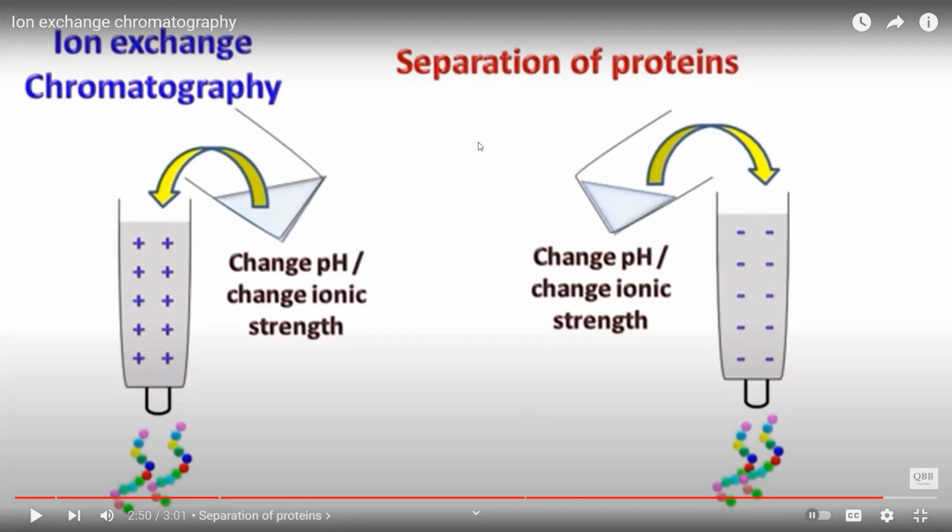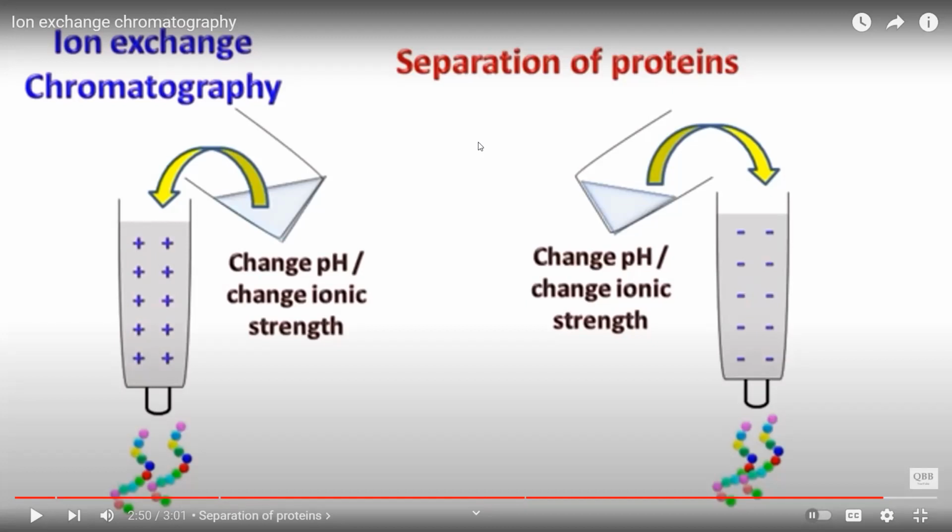While binding the protein to the stationary phase, you were using pH 7 buffer because that was the step of binding. But for elution now, you can change the pH, say from 7, you can either go to the alkaline side, make it 9, or you can go to the acidic side, make it 5.